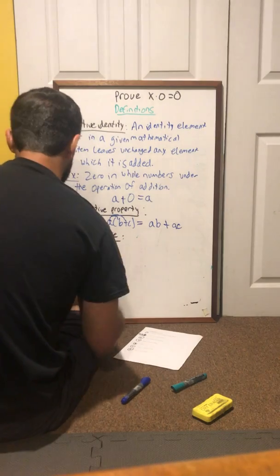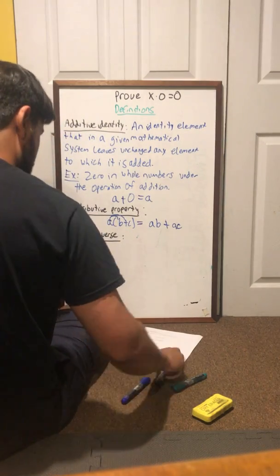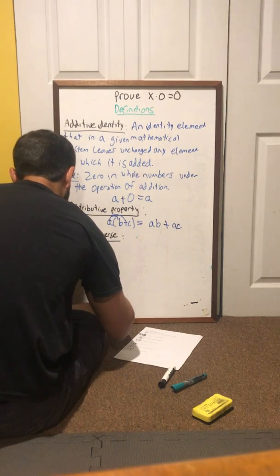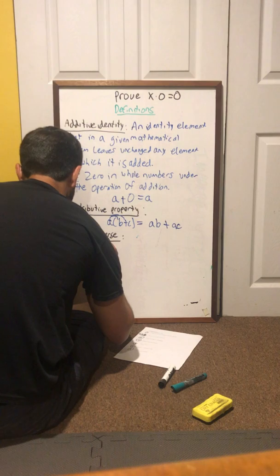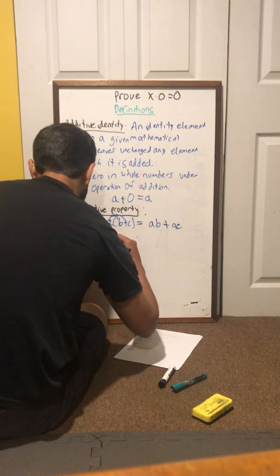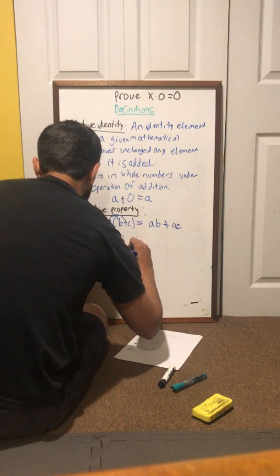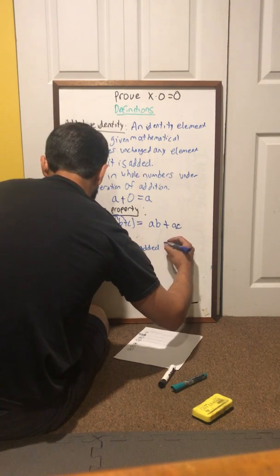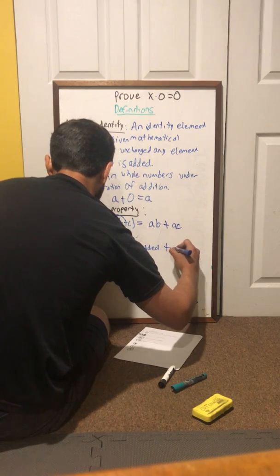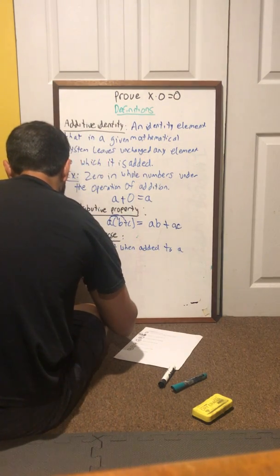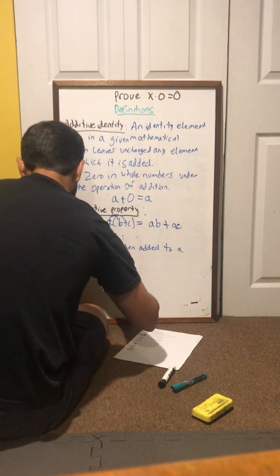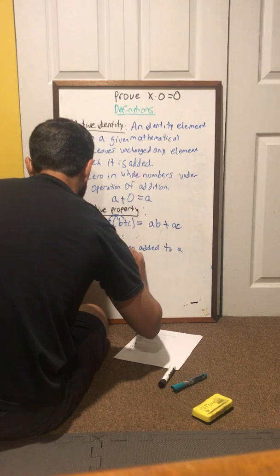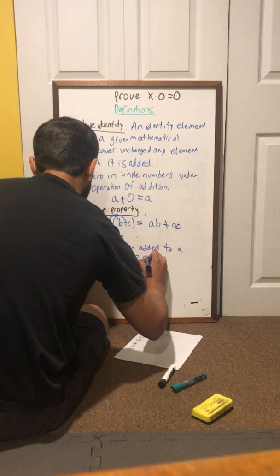All right, so when we're going over the additive inverse, we're going to say that the additive inverse is a number that when added to a given number equals 0.